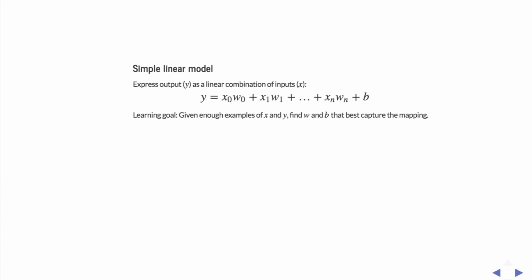We do this by coming up with a bunch of weights w and a bias term b. One way to express that linear model is like this, as an equation. Here, learning, or machine learning, is the job of, given enough examples of x's and y's, finding the w's and b's that best capture that relationship.